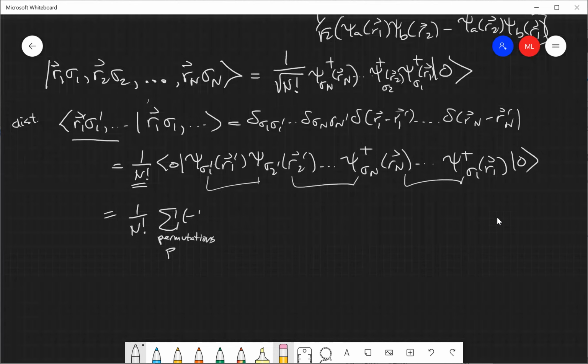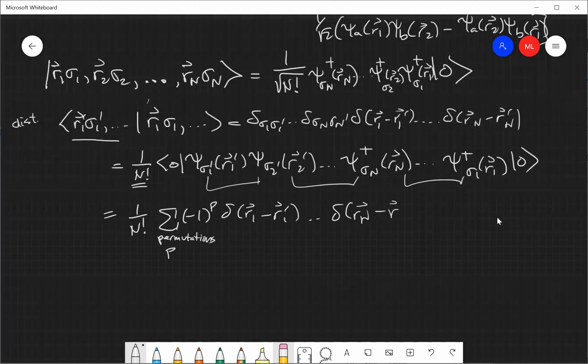And you get minus 1 to the p. That gives you the right minus signs that would come in from the Slater determinant. And then it's all the delta functions between the different primed and unprimed coordinates.